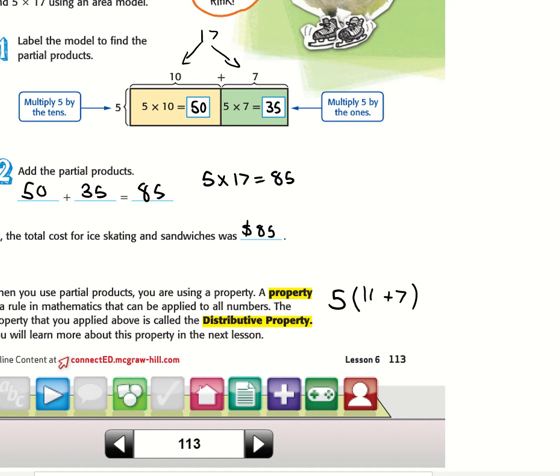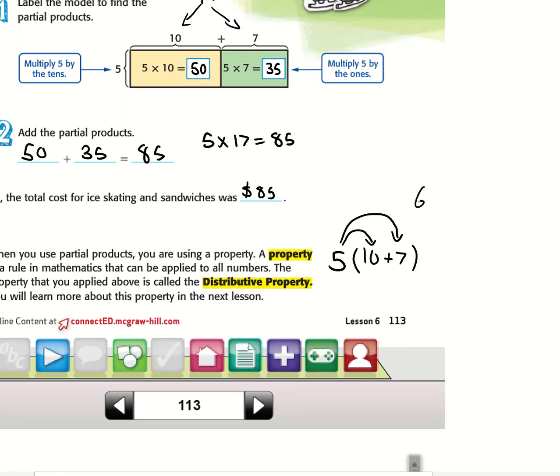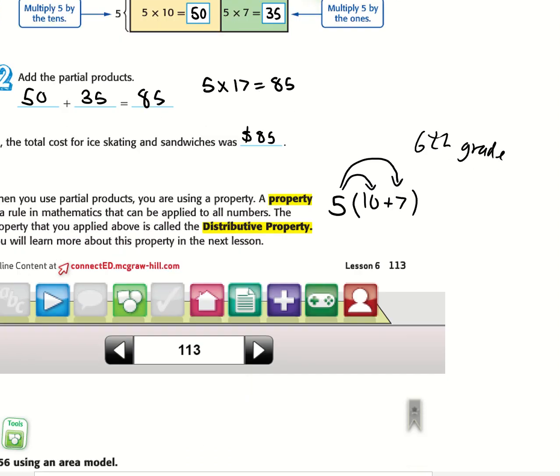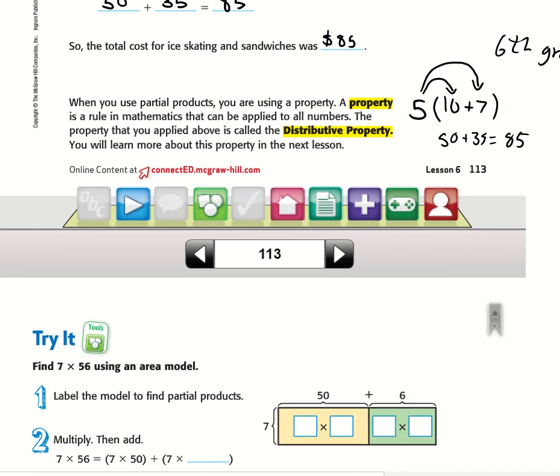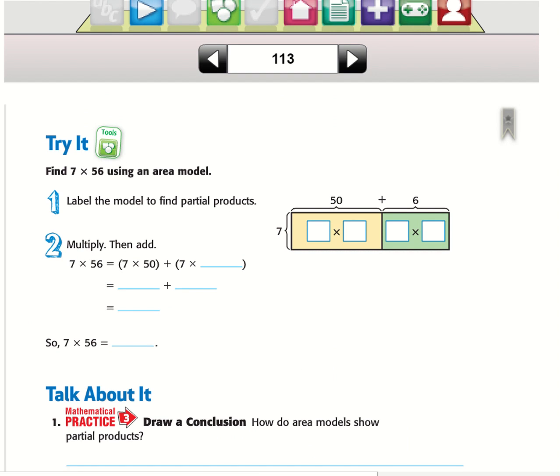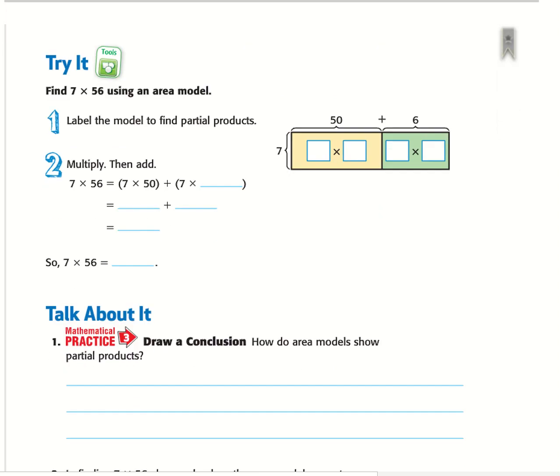By distributing, we do 5 times 10, and then we do 5 times 7. 5 times 10 equals 50, 5 times 7 equals 35, that's going to be 85. That's how you do it in 6th grade, just to give you a little preparation for the future.